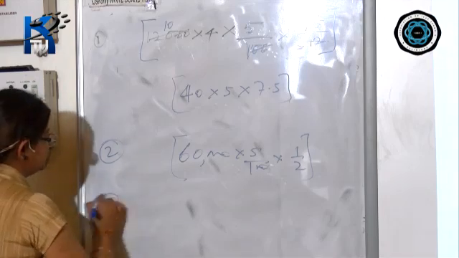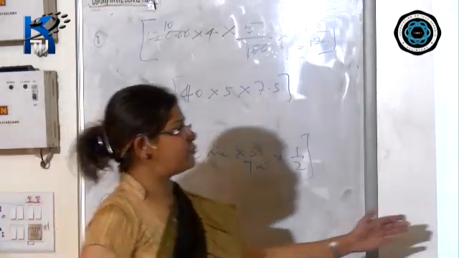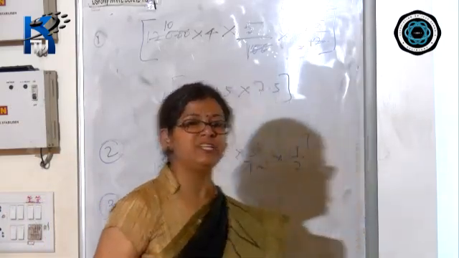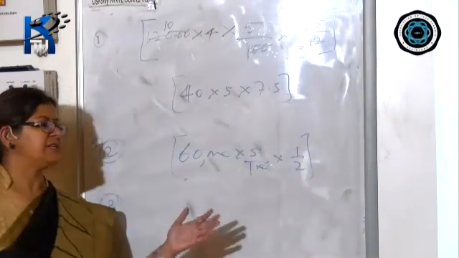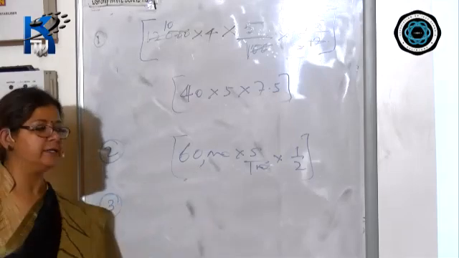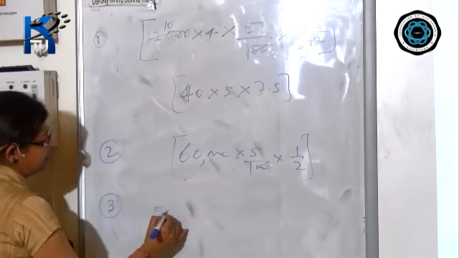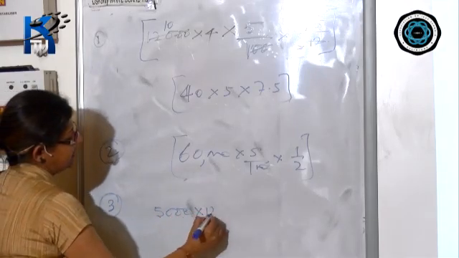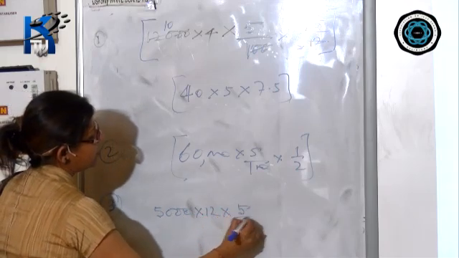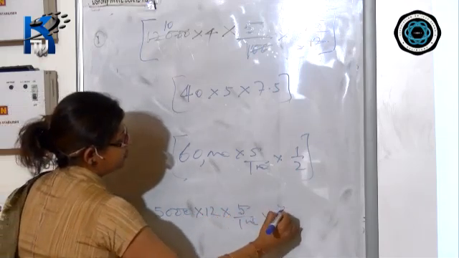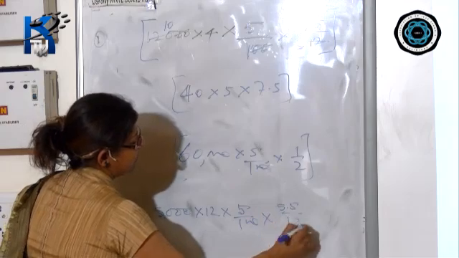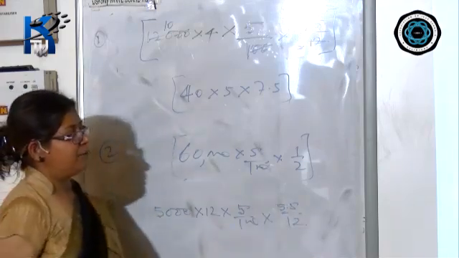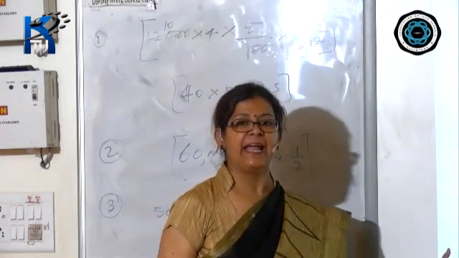The third part is, if he withdrew 5,000 at the end of each month, that means he is drawing it for the whole year. So 5,000 into 12 into rate upon 100 into 5.5 by 12. Why has 5.5 been taken? Because he is withdrawing it at the end of each month.